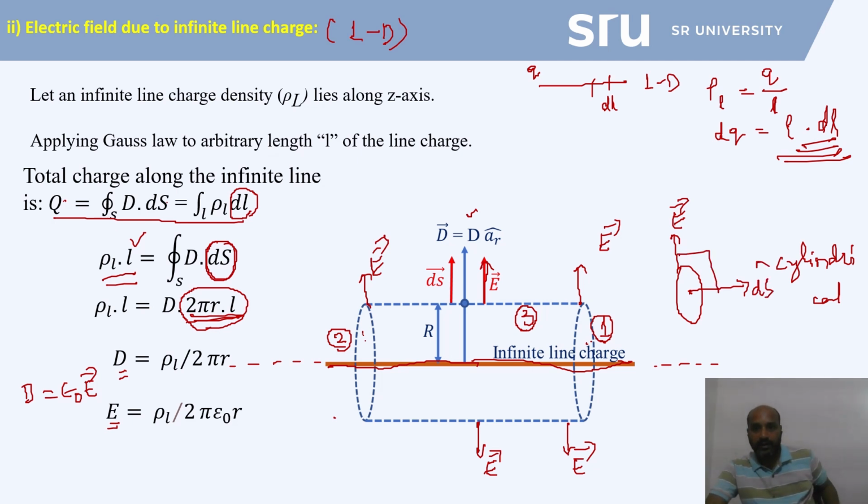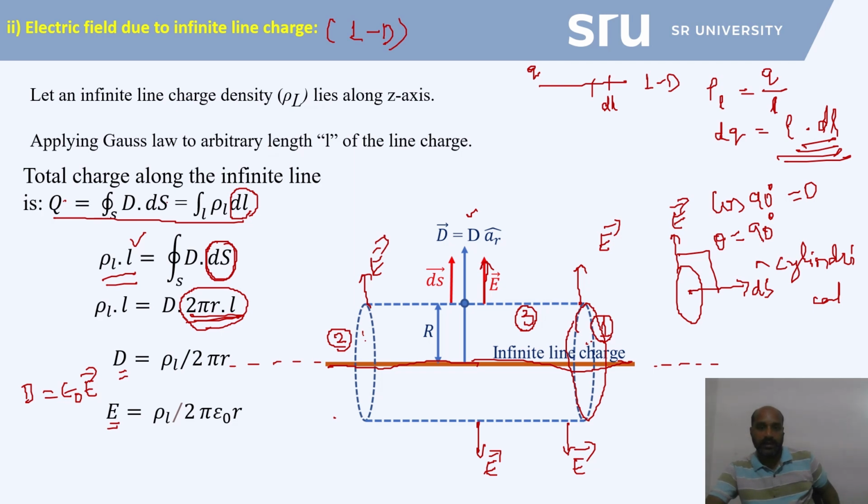Here, the angle is what? The angle is 90 degrees. If theta is 90 degrees, cos 90 equals what? 0.